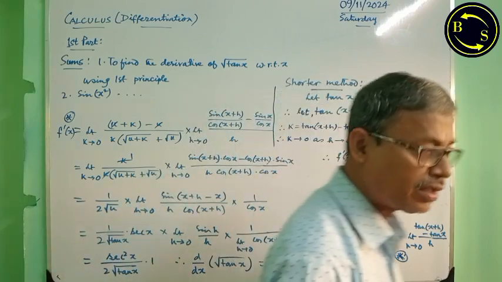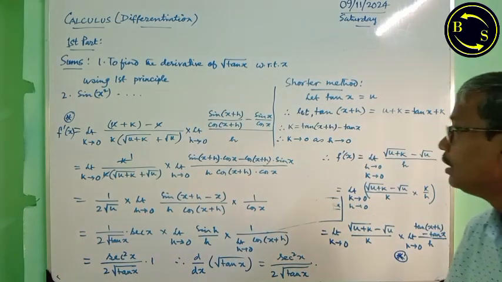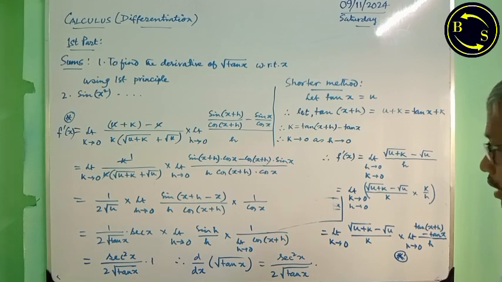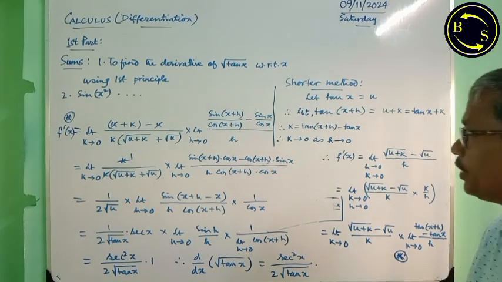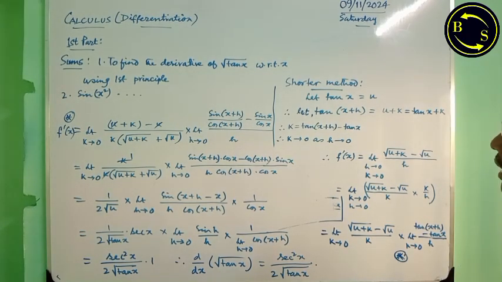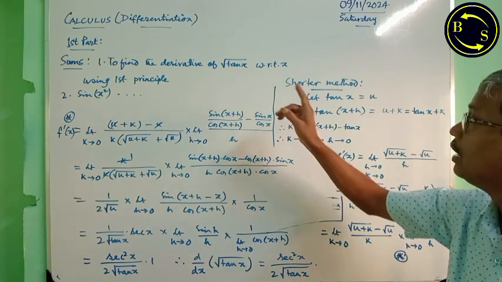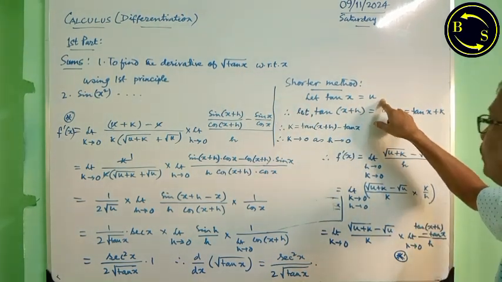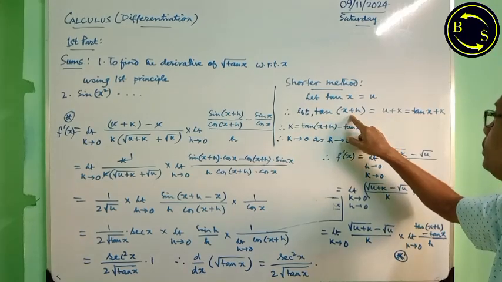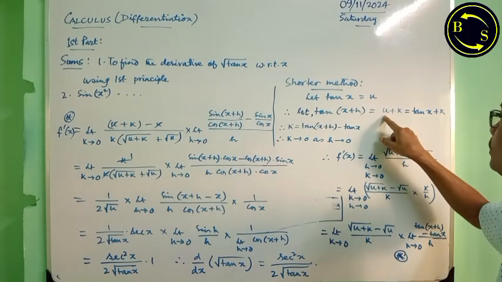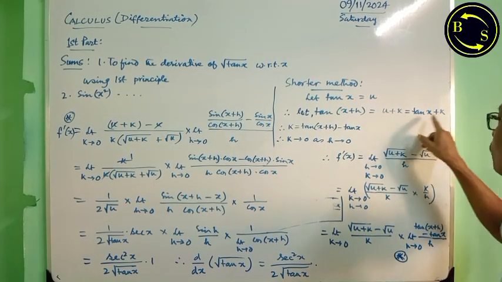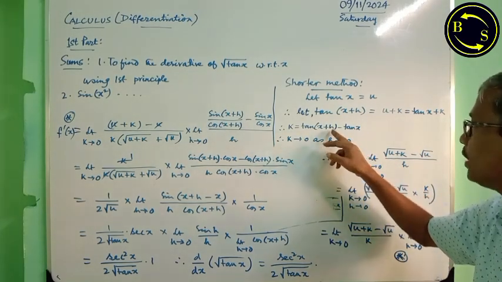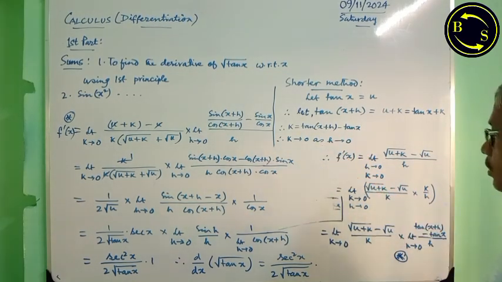I have shown here a shorter method that can also be described as the method avoiding complication. By taking tan x equal to u, then tan of x plus h is u plus k. From that we get k equal to this one, and we find that as h tends to 0, k tends to 0.